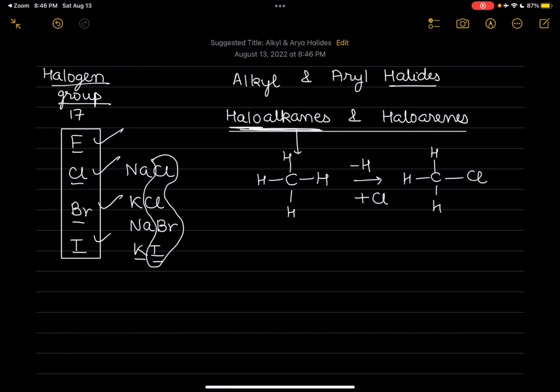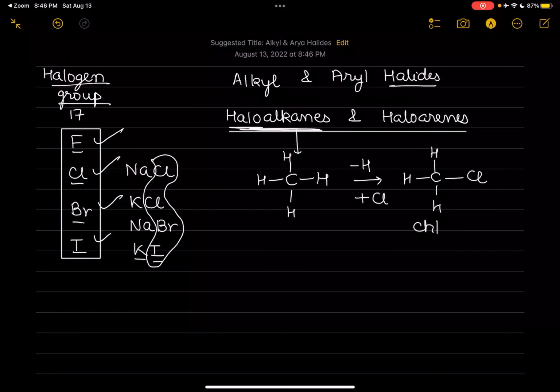And the specific name of this haloalkane is chloromethane, because Cl is chlorine. Is it clear? Yes.